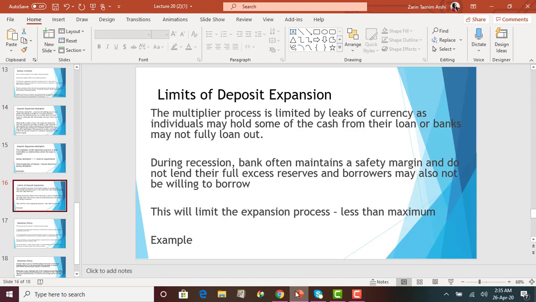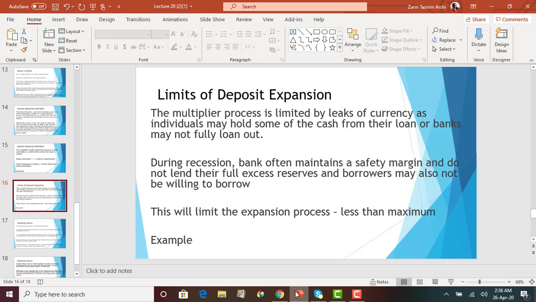Now they have $900 that they can loan out, but they decide they will only loan out $500. They want to keep the extra for safety reasons, or maybe there's a recession and they don't want to give out everything for loans. So that extra 400 they are not loaning out is not playing a role in multiplying the money supply. So that can limit your money supply.